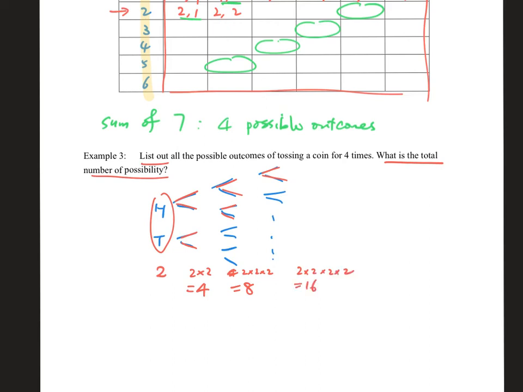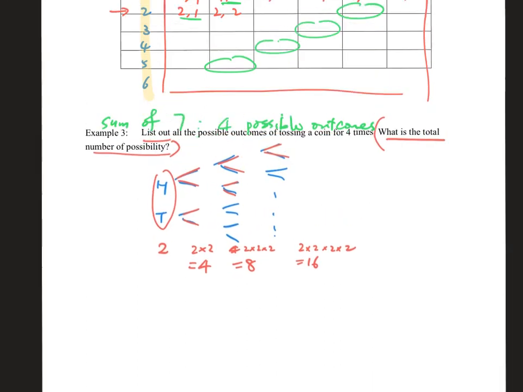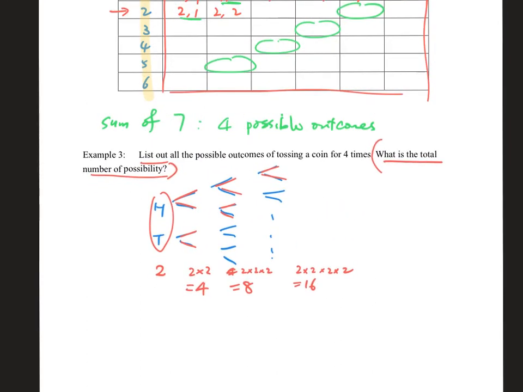So you can use these results to help you with questions about the number of possibilities. Let's take another example to see whether you understand it quite well or not. For example, if you throw a dice 2 times, then according to the table on top, you have 6 times 6, total 36 possible outcomes.